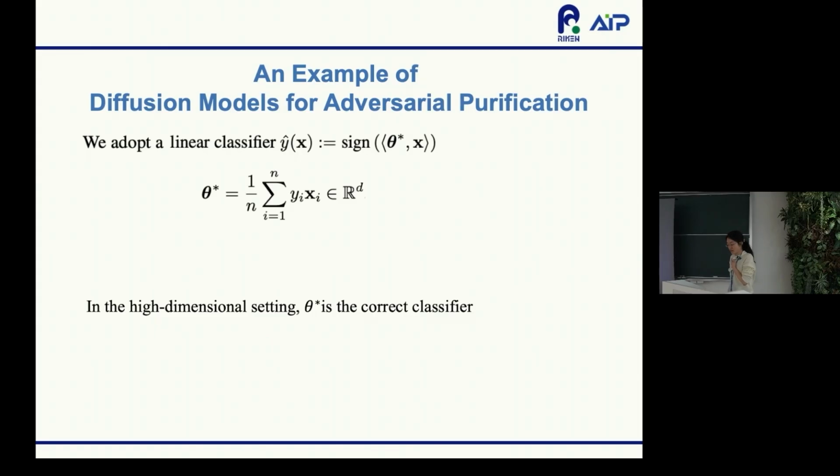For detailed derivation, we welcome you to check the paper written by Yueming on adversarially robust generalization requires more data, not small data. Any questions?